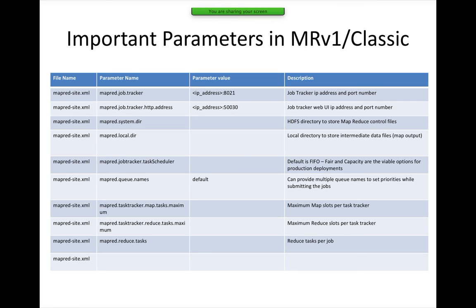If you have 24 cores, you will give 16 to mappers and 8 to reducers, or 12 to mappers and 12 to reducers. And if you give, let's say, 16 and 8, and all the jobs you are running are map-only jobs, then the capacity allocated to reducers is wasted in Classic.